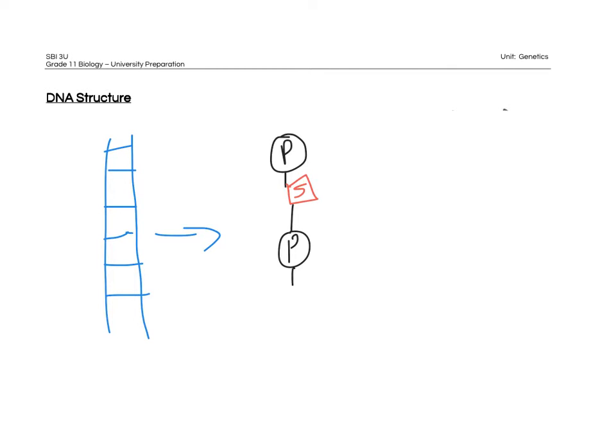That's the basic structure of the sides of our ladder. So really, this right here is going to represent maybe one side of our DNA ladder. Then of course we'd have the other side mirroring that.